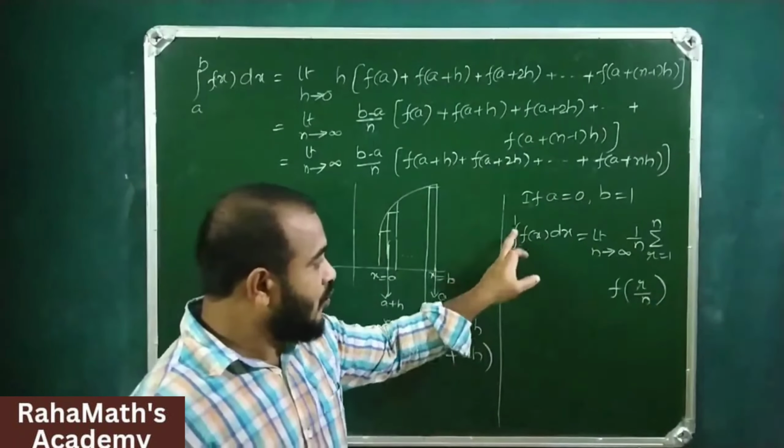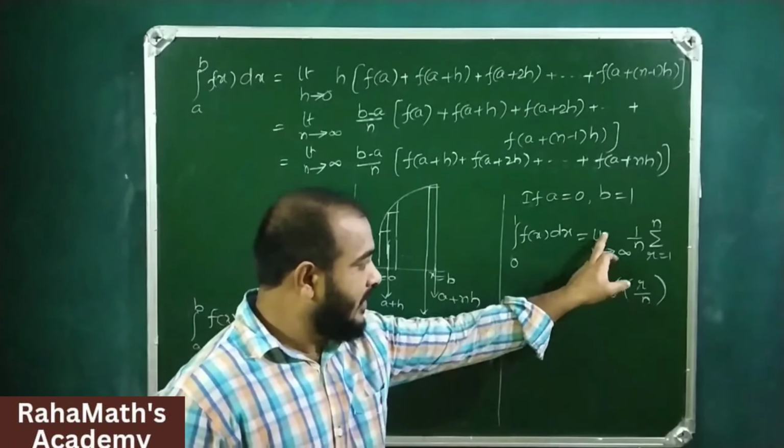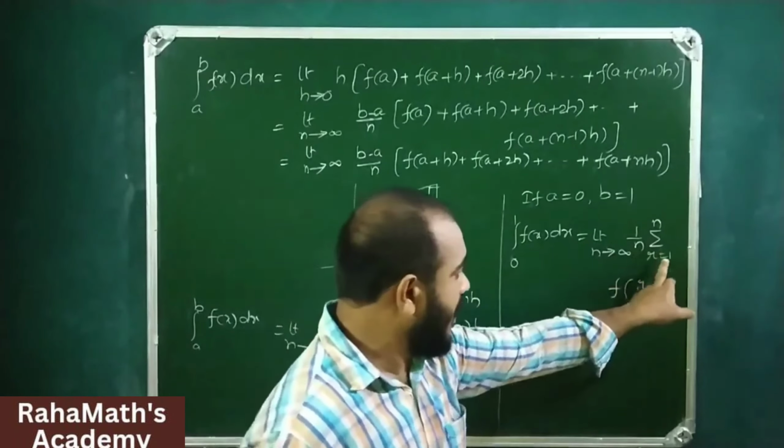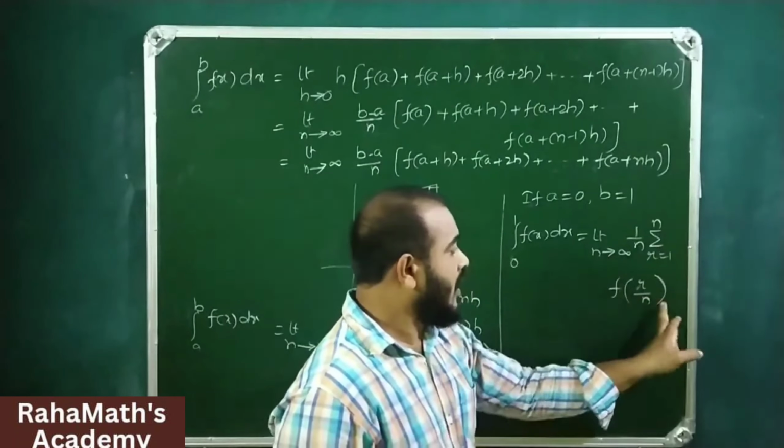So integral 0 to 1 f of x dx is equal to limit n tends to infinity of 1 by n, sigma r runs from 1 to n, f of r by n.